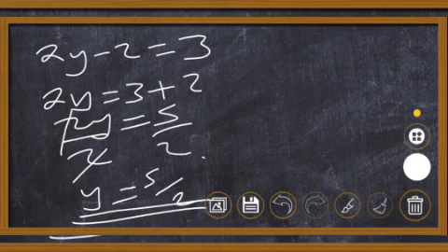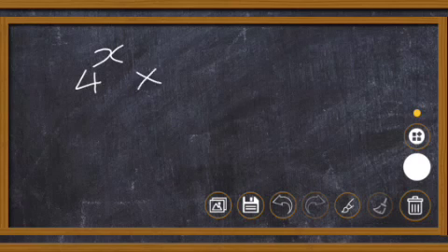So let's look at another example. Let's say you have 4 power x, and then let's say you are multiplying with let's say 64. Let's say this equals to let's say we have 16.